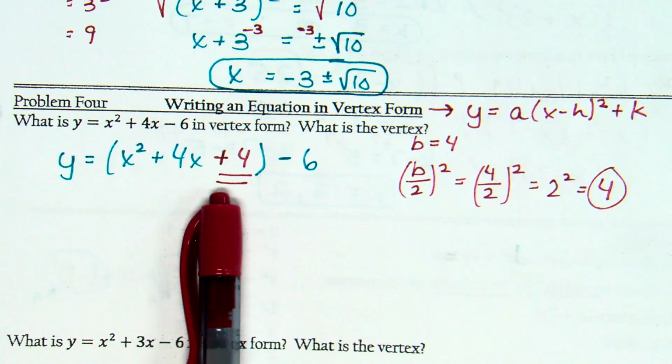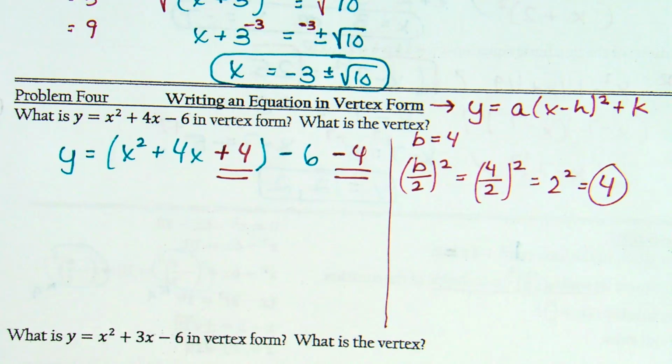And then step 3 is kind of our final step. We're going to factor what's inside the parentheses. So, y equals, what do you know about x squared plus 4x plus 4?